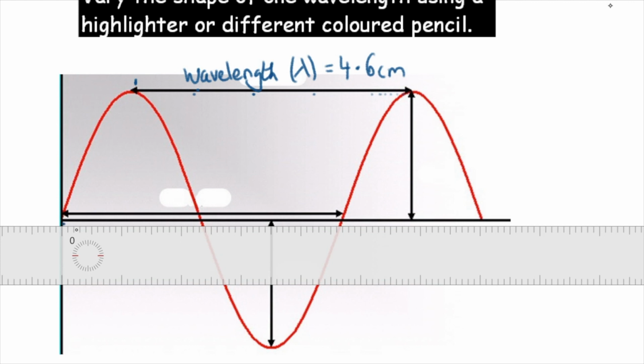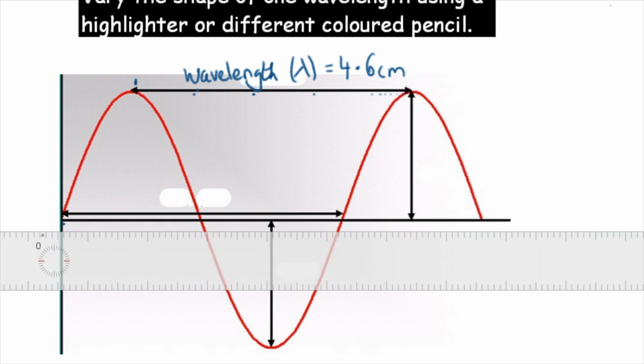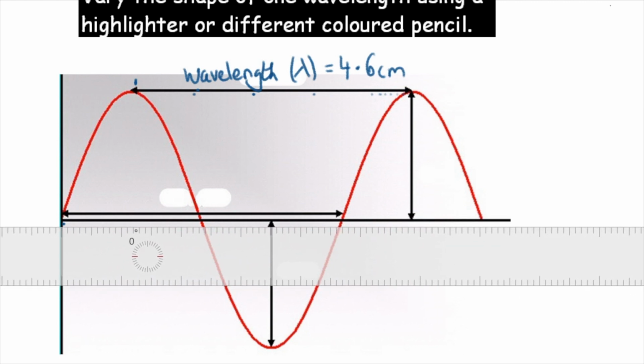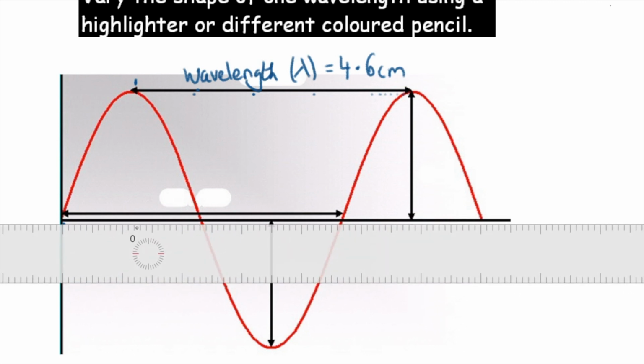So here's 0. Let's just make sure we've got this in the right place. There we go. There's 0. Then we've got 1, 2, 3, 4. 1, 2, 3, 4, 5, 6.